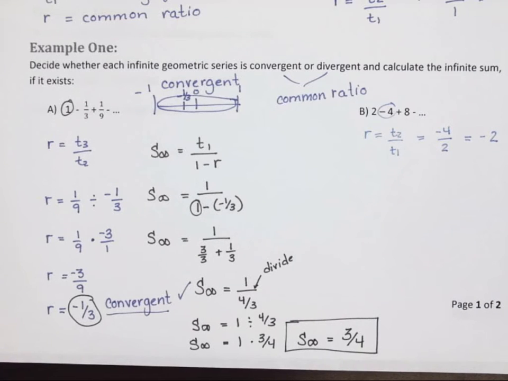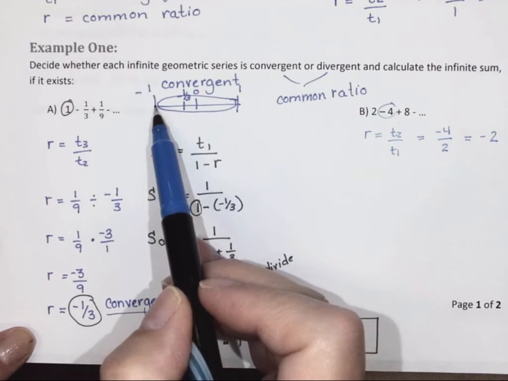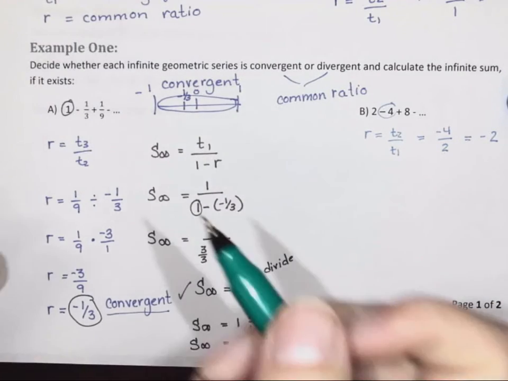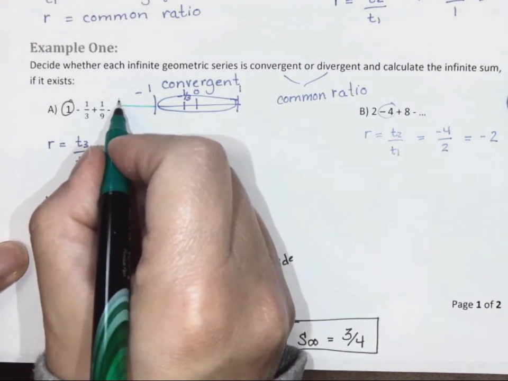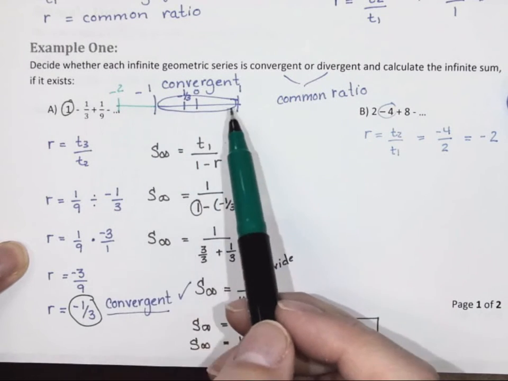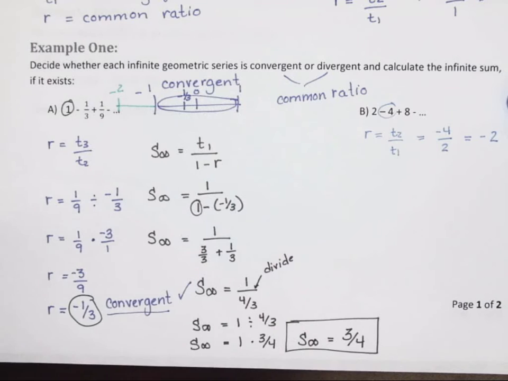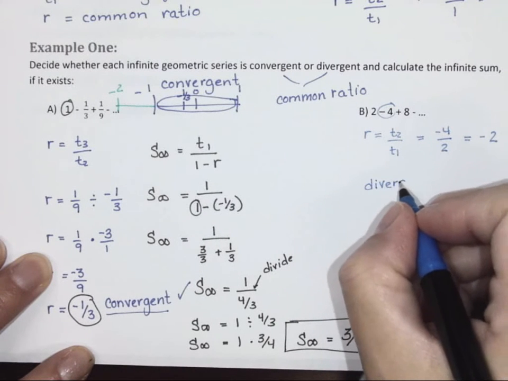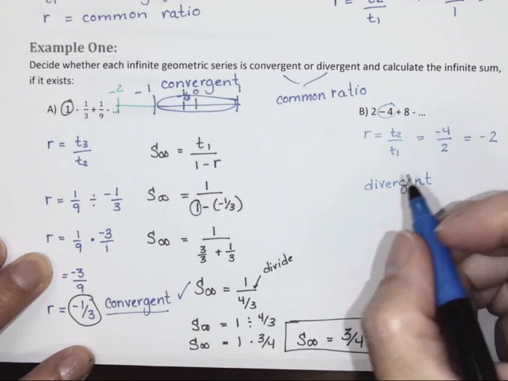Now remember that convergent happens between -1 and +1. Well, -2 is somewhere down here on this number line. So it's outside the boundaries of what's convergent. So this is divergent. It's moving away.